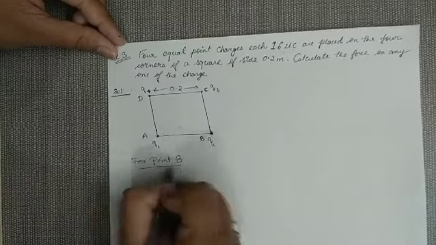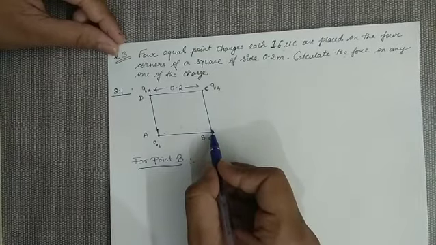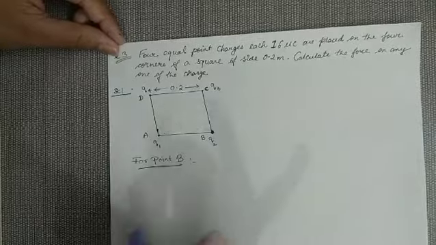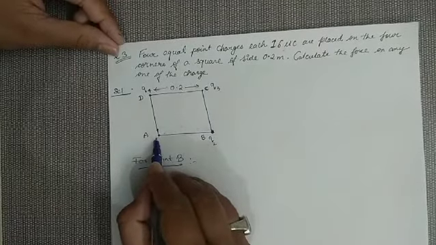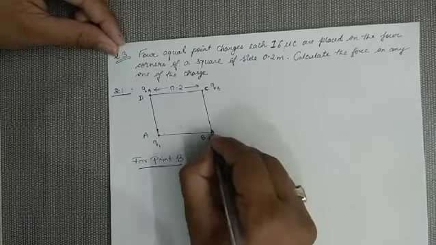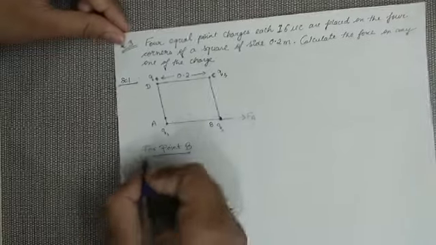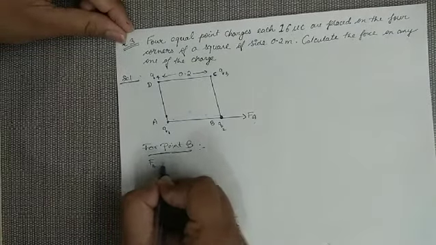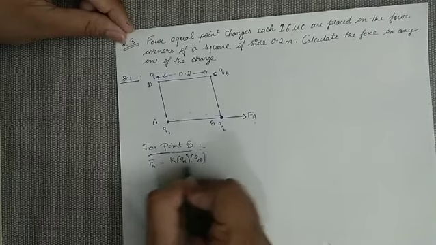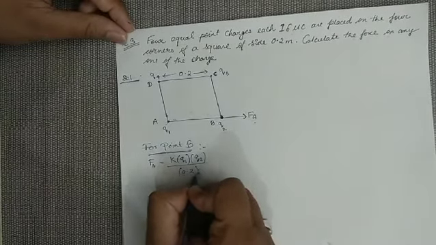For point B, this is the point where I am going to calculate the net force. Now which charges are going to apply the force? Just see. A, this is positive, all are positive. This A is going to repel B in this direction, that is force applied by A. What will be the force applied by A? According to Coulomb's law, K first charge second charge and the distance is 0.2, so the square of 0.2.